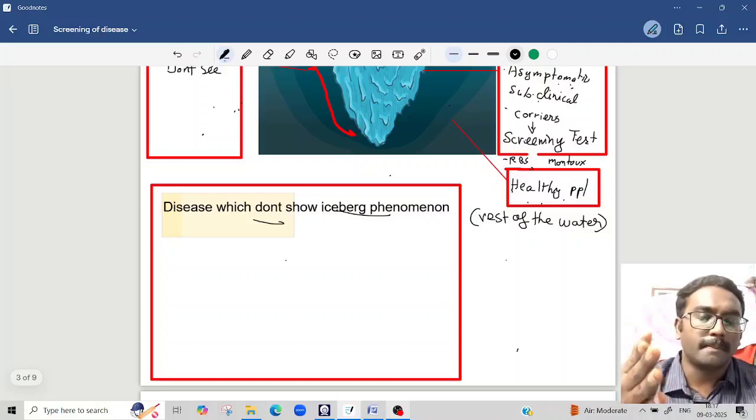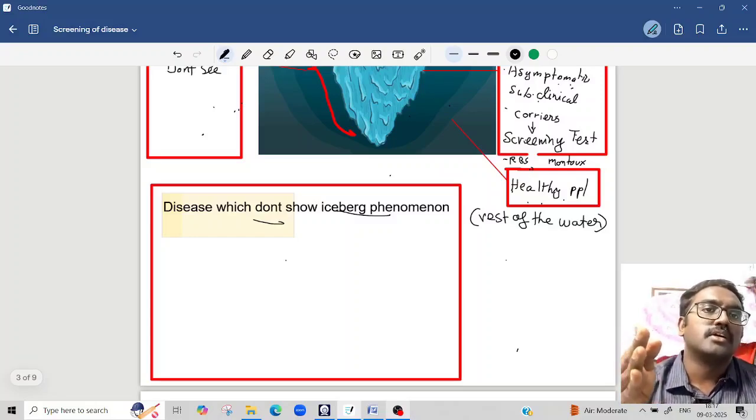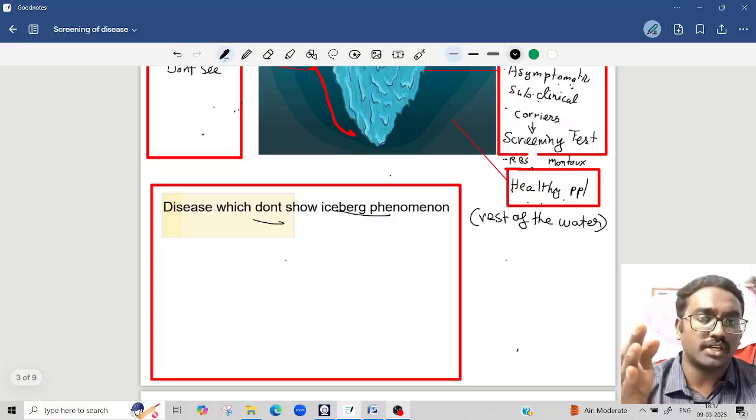Also in most of our NCDs, we may be obese for so many years, and the risk factor has already started. We are already having increased cholesterol in our blood, but the symptoms come after the age of 40 or 50, say.